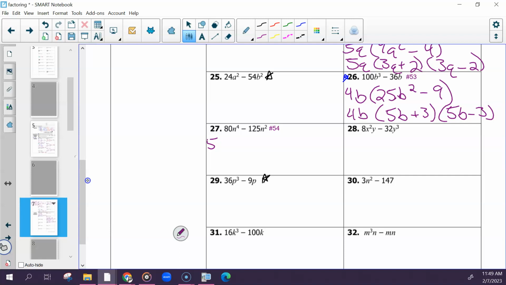N squared. If we divide both of those by 5n squared, what's left?